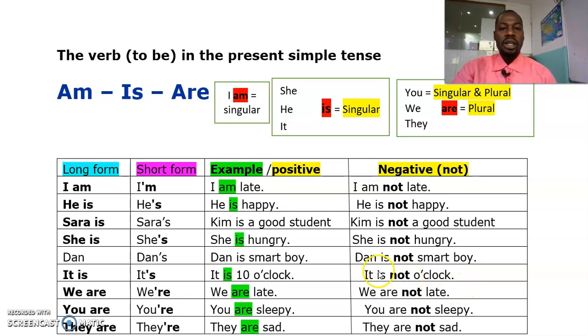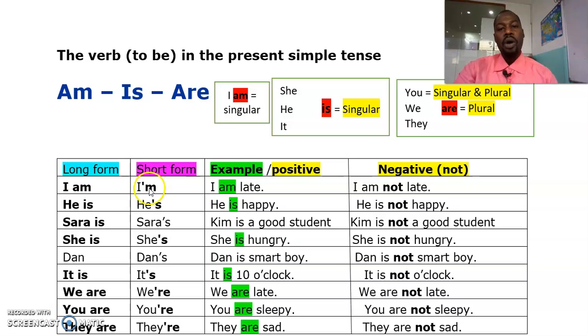So in these sentences, we use the positive forms and negative forms. The difference between these two sentences is only the use of not in the negative sentence. And the difference between the long forms and short forms is only that we use an apostrophe.